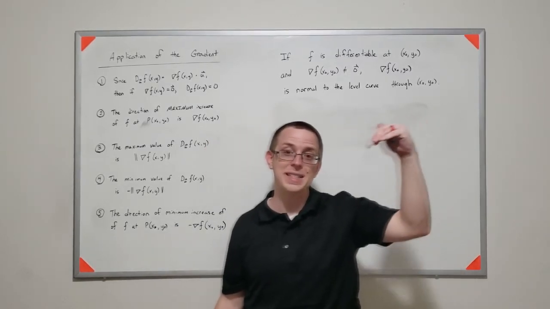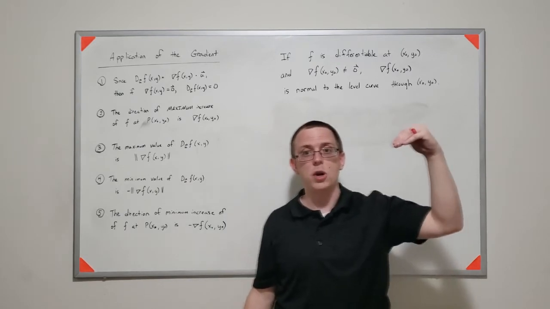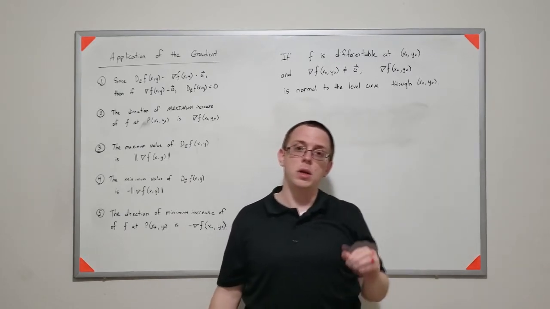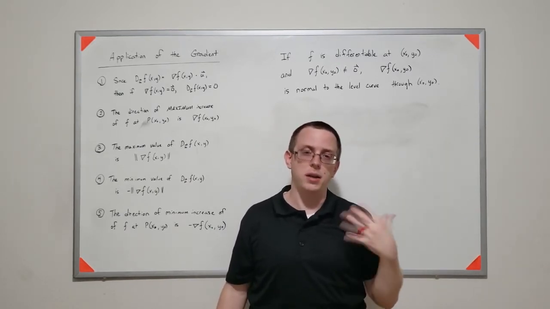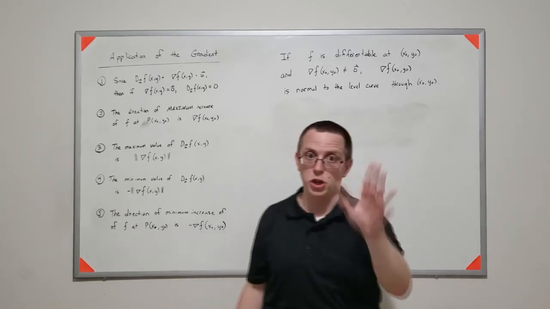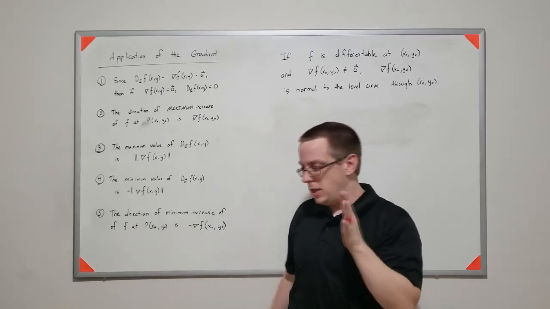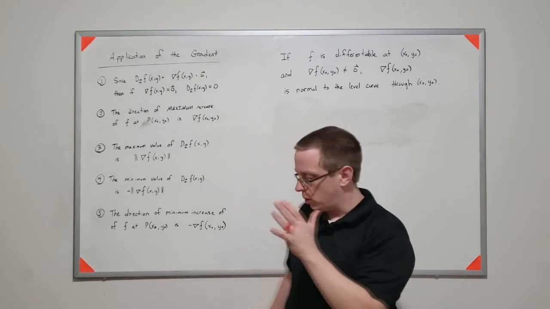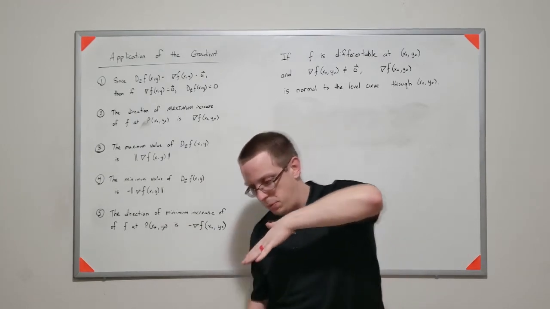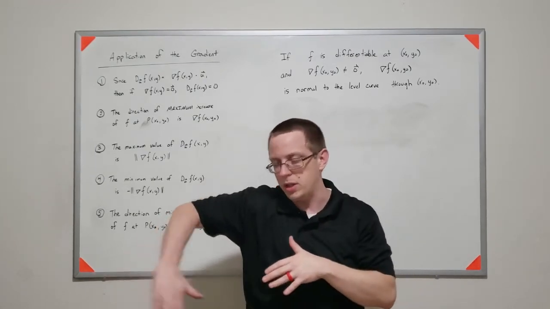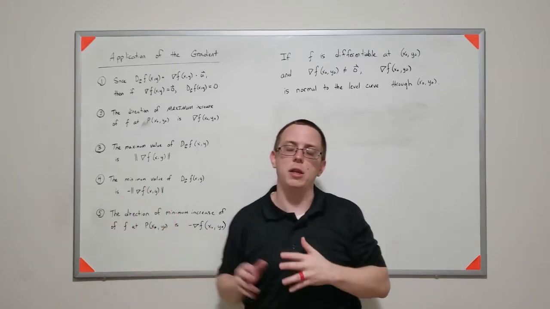So if I were a blind man just trying to get down a mountain, I would look around to find the steepest slope downward, and if I keep following the steepest slope downward, I'll find the minimum value.